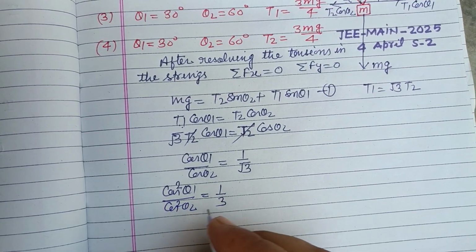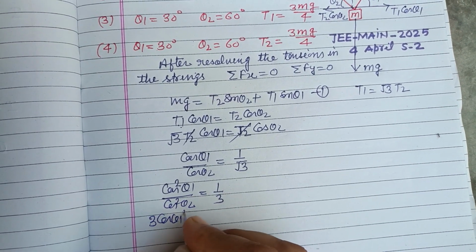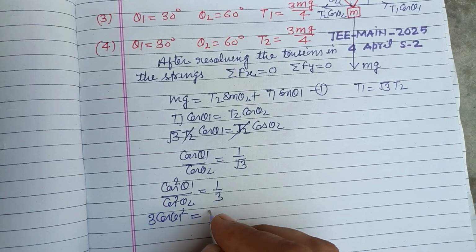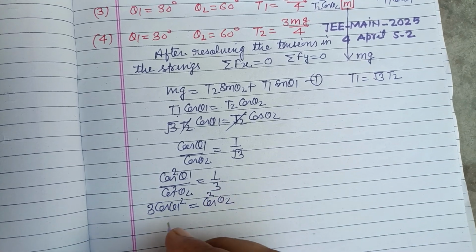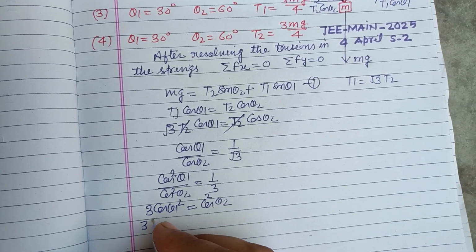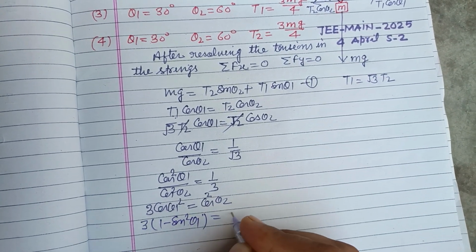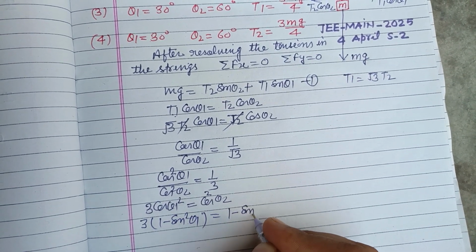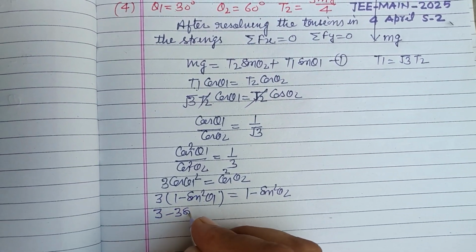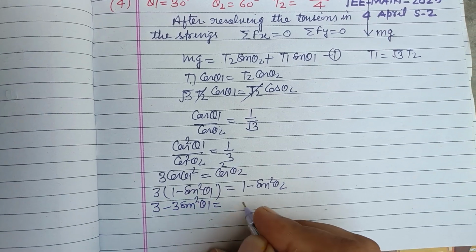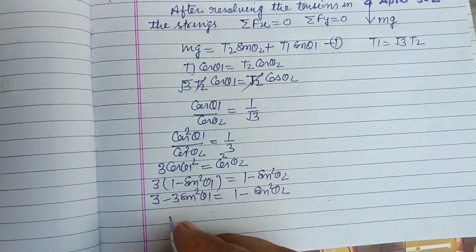Okay, now cross multiplying, 3 cos square theta 1 equal to cos square theta 2, and this is 3 into 1 minus sin square theta 1 equal to 1 minus sin square theta 2. So 3 minus 3 sin square theta 1 equal to 1 minus sin square theta 2.